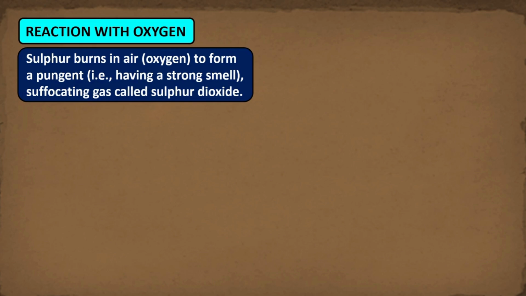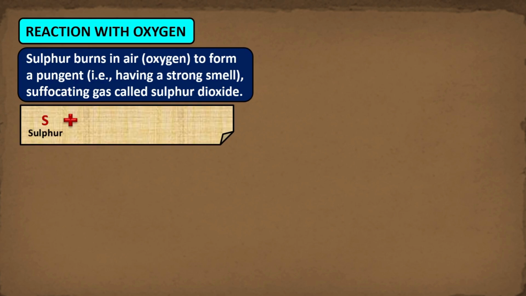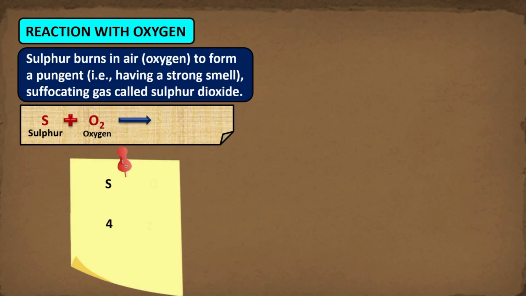Sulfur burns in air or oxygen to form a pungent, that is having a strong smell, suffocating gas called sulfur dioxide. Sulfur plus O2, oxygen, gives SO2, that is sulfur dioxide.